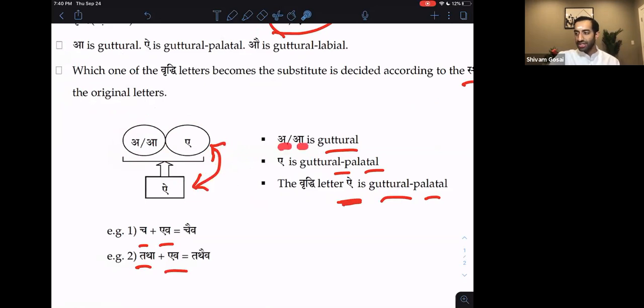Because a is guttural and e is guttural palatal, the vriddhi letter is going to be this guttural palatal letter. They kind of look similar, so it's easier to remember like that.